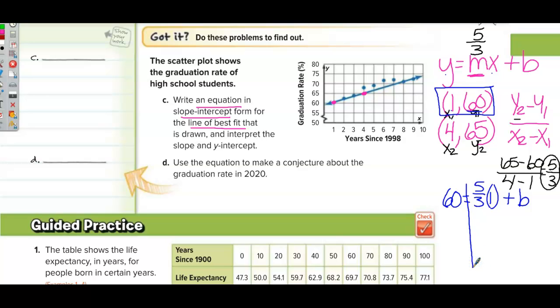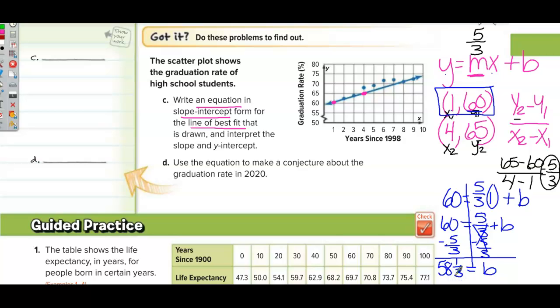I have to simplify that left-hand side first, so it actually takes 5/3 times 1, which is 5/3, plus b equals 60. And then to get b all by itself, since 5/3 is added to b, I'm going to do the opposite, which is subtract it. You can type it in a calculator. 60 minus 5/3 gives you 58 and 1/3. So that is my b.